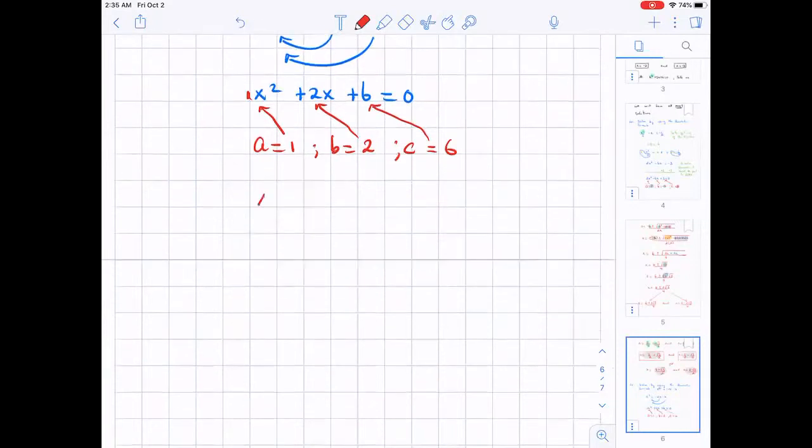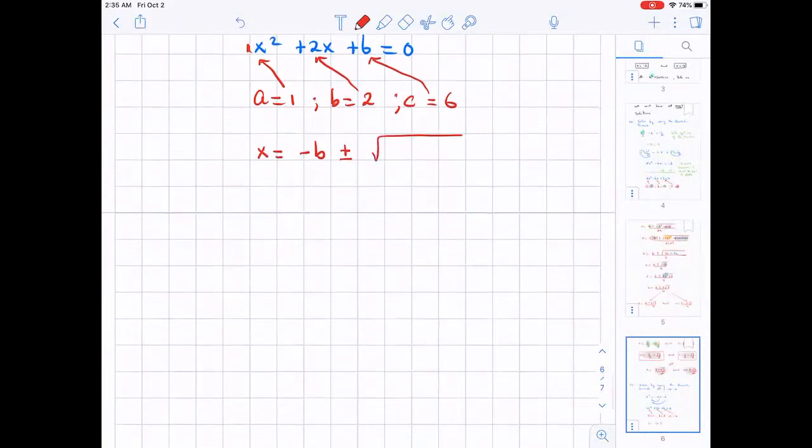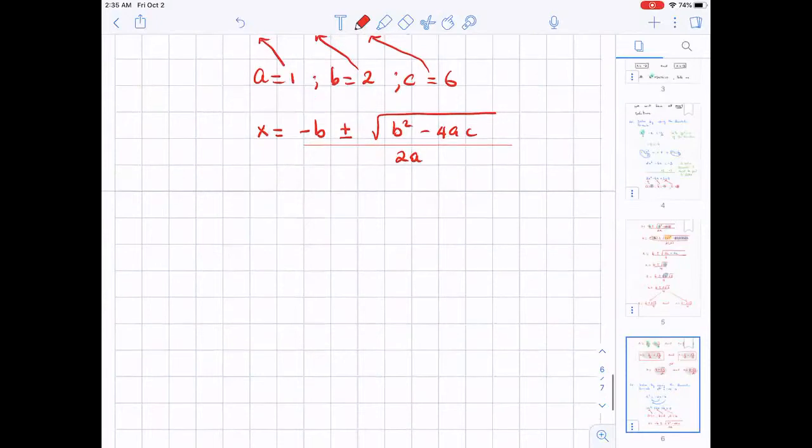So quadratic formula, x is equal to minus b plus or minus the square root of b squared minus 4ac, everything over 2 times a. Okay. So we plug in. Okay, let's do some plugging in.